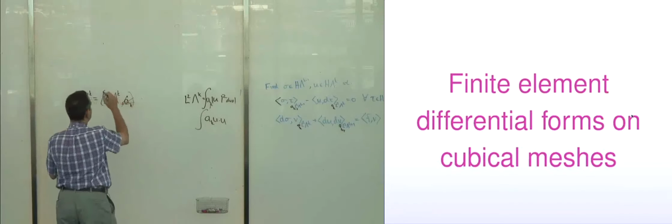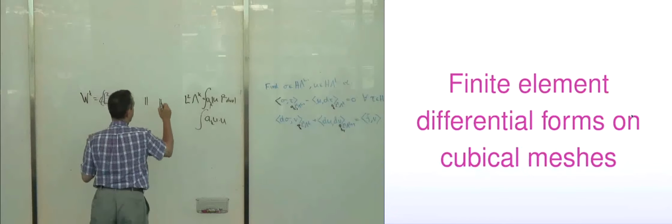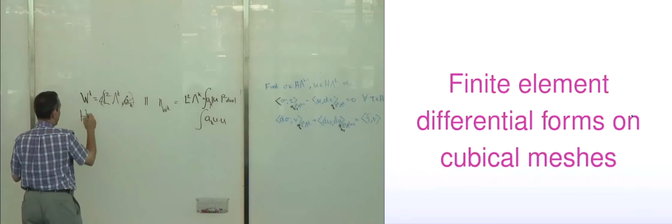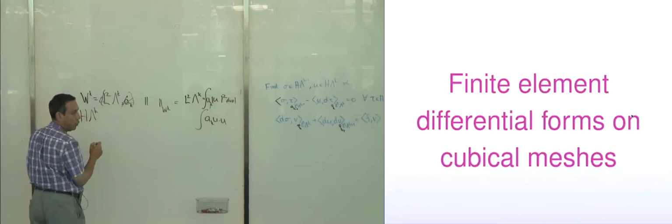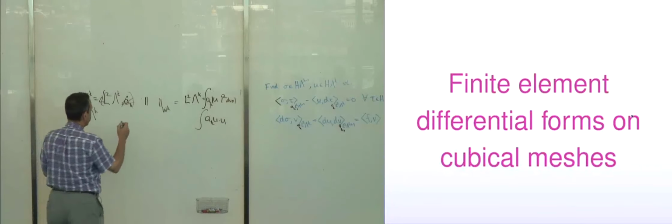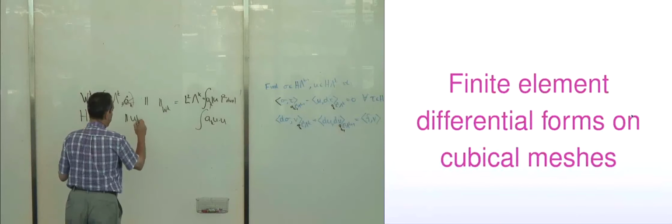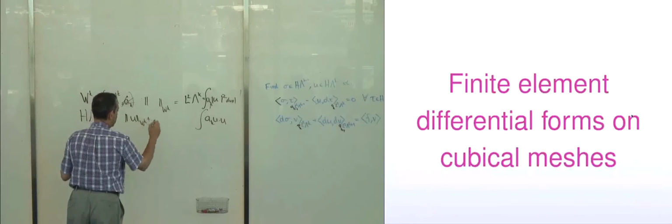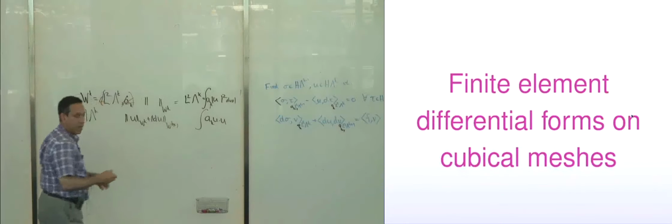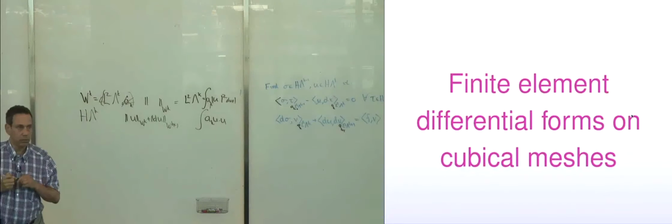So the space is L2 lambda k and the W_k norm is defined to be this, and H lambda k is the same as before, except that when you define its norm, the norm on it would be u in W_k plus du in W_{k+1}, and these have weights in them, and everything is exactly as before.